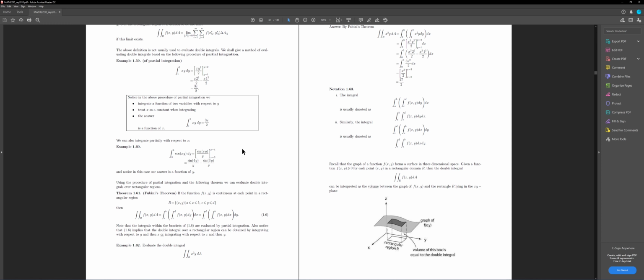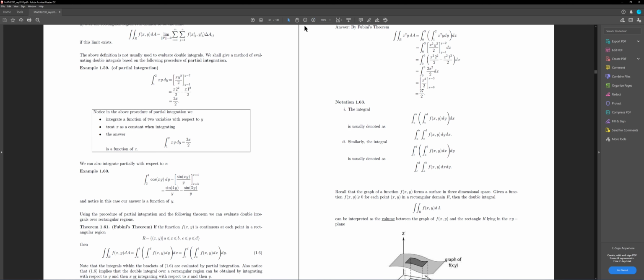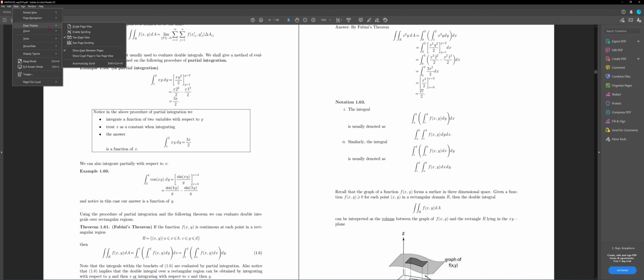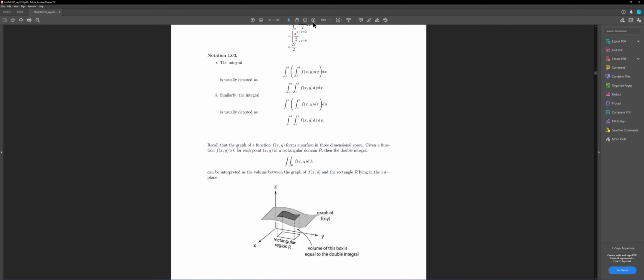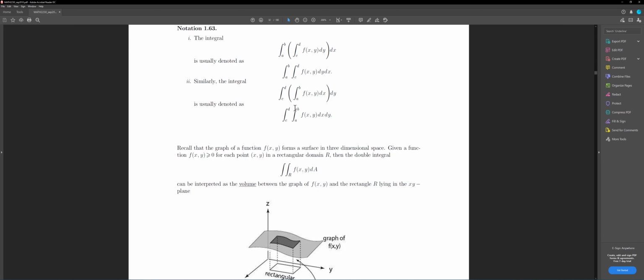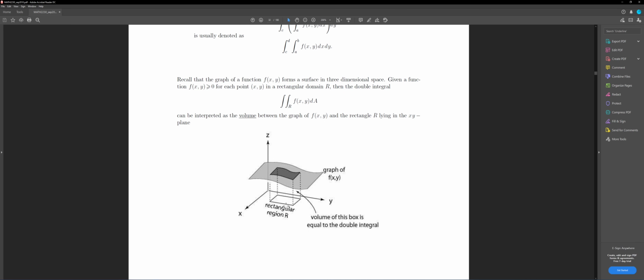So far what we looked at was double integrals over a rectangular region, such as this.